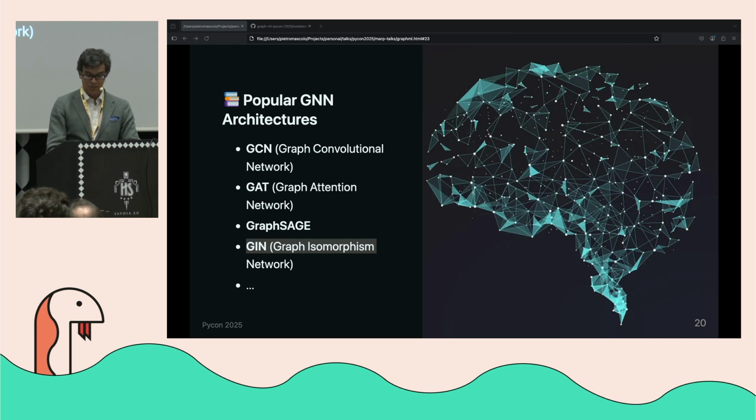You have GraphSAGE, which is actually a fairly interesting type of architecture, which introduces not just aggregation. It could also, in some cases, include an attention layer itself, but it can generalize to more advanced types of pooling and even using LSTM layers to learn over time from each neighbor of each node.